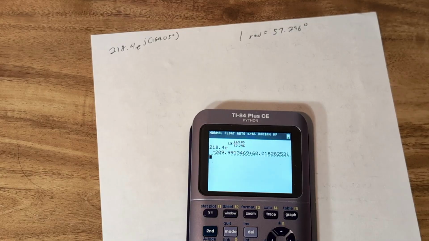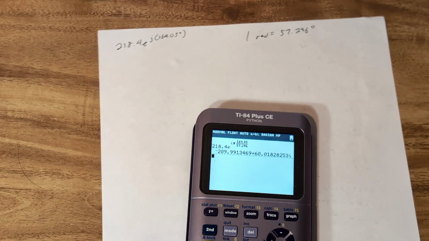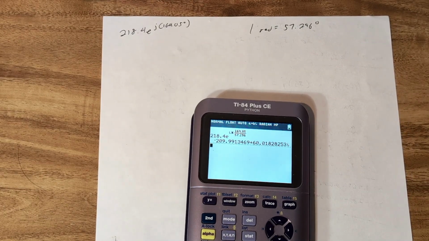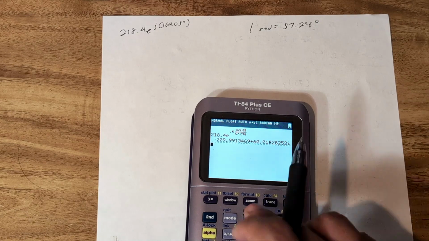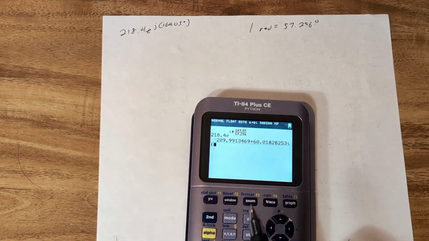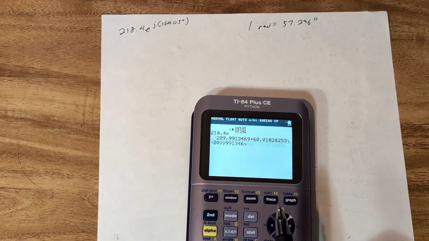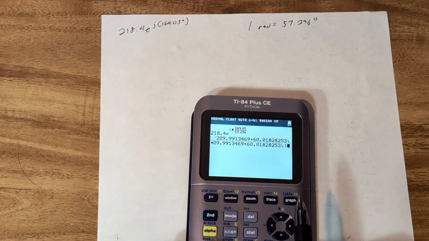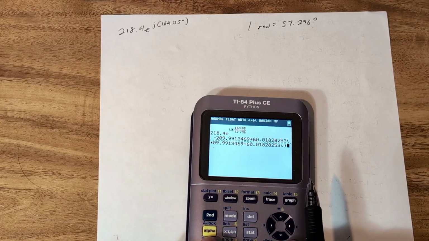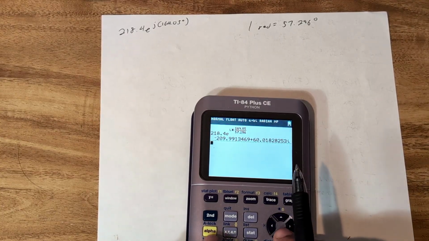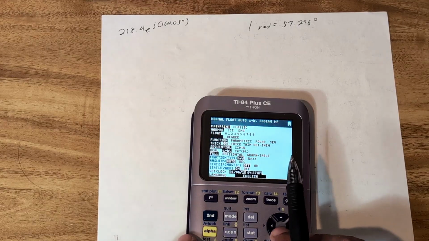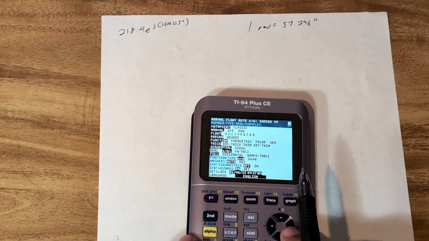Then this is going to give you the value of negative 210 plus 60j. To get from rectangular form to polar form, you're going to want to enclose this in parentheses. You could do it one of two ways. You can go to math, or go to mode and go to polar form.